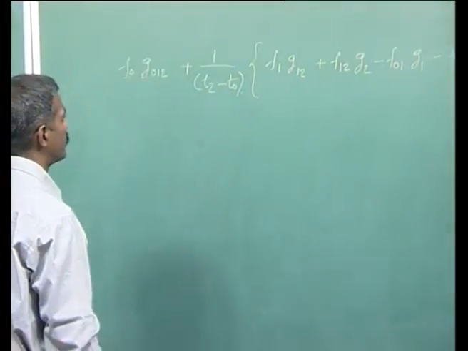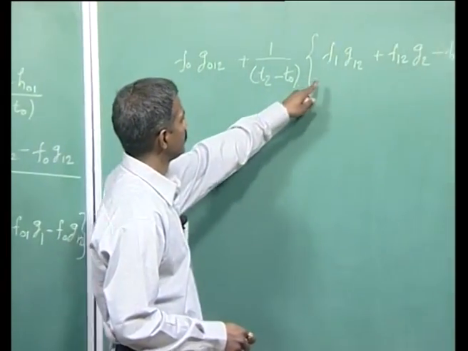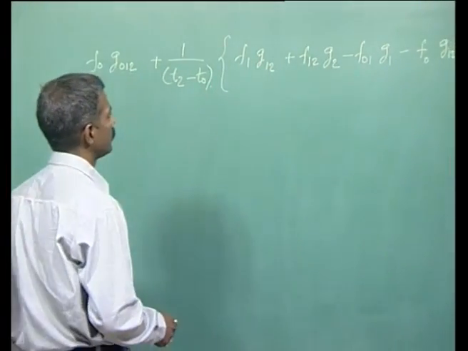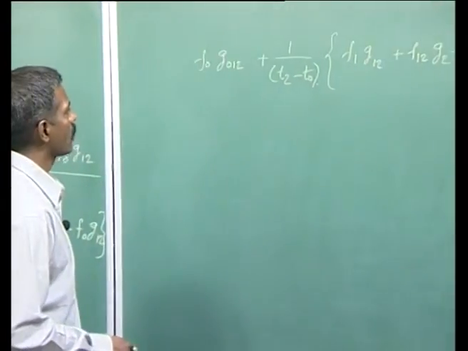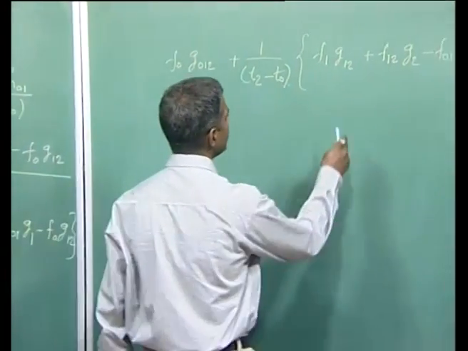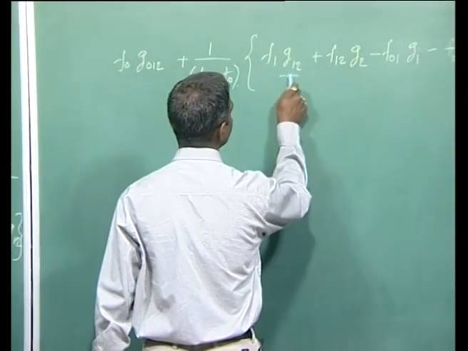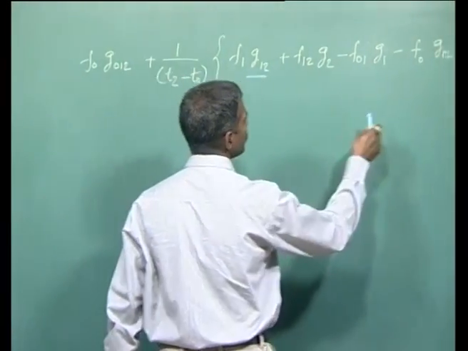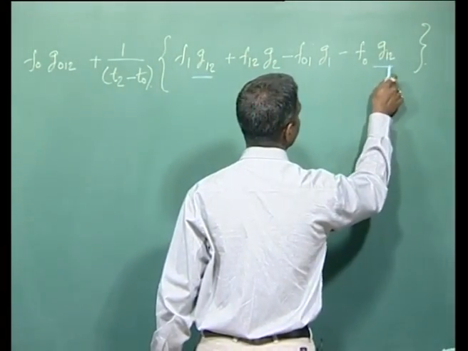What is next? Now let's see if I can further simplify this expression. Let's figure if anything is common out here. I see that there is one term G12, the first divided difference of G, and G12 here.